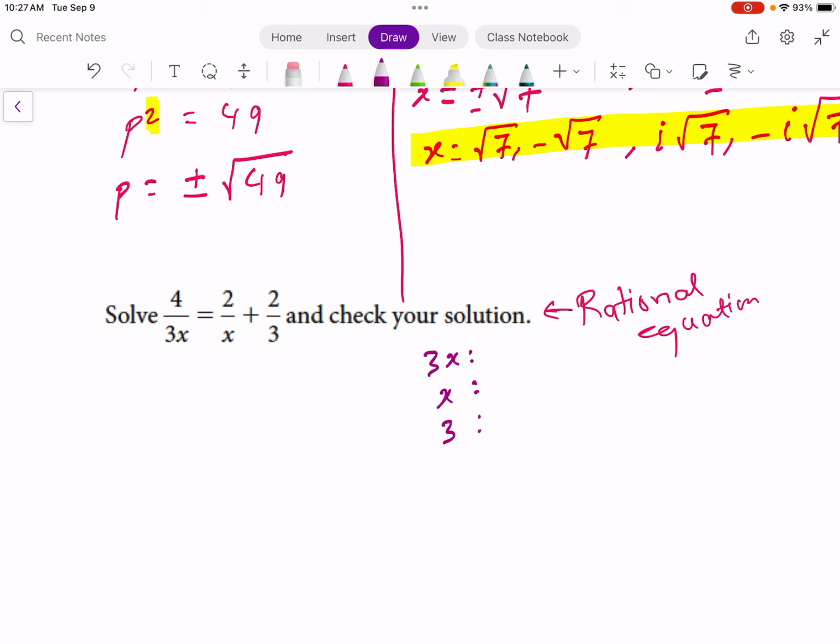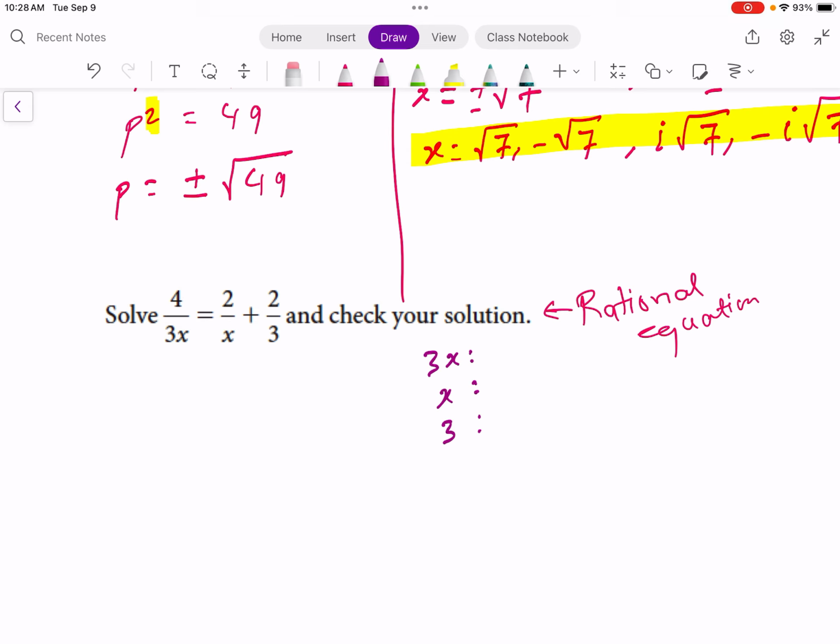Now our target is to find a common expression that is divisible by 3x, that is divisible by x, and that is divisible by 3. Can you think of such an expression? Okay, let's take 3x.